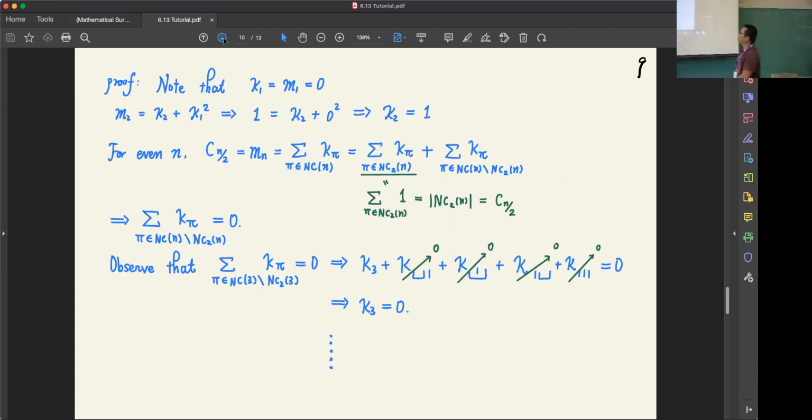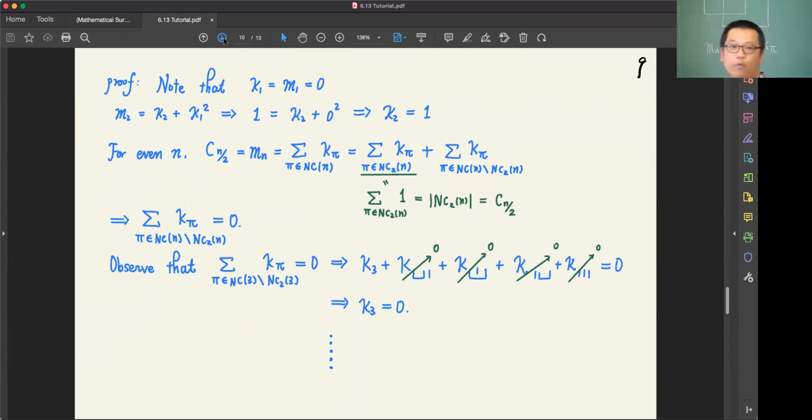In the proof, we first observe kappa_1. What is m_1? Maybe I'll just write down the formula here. Based on this formula, if we consider m_1, the non-crossing partition has only one element, which is kappa_1. So m_1 is kappa_1, nothing different.